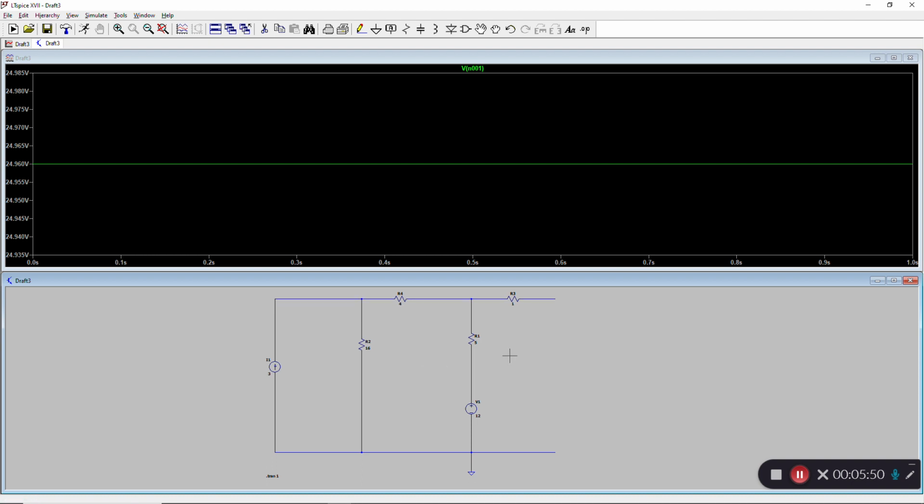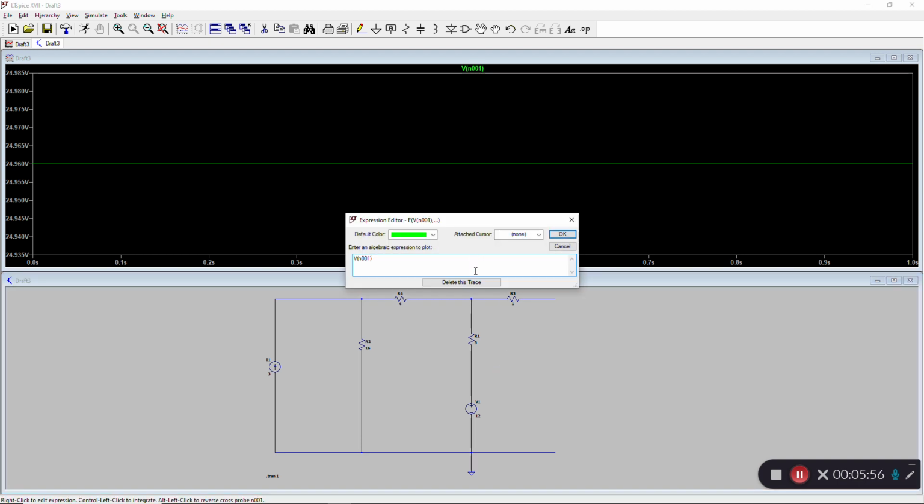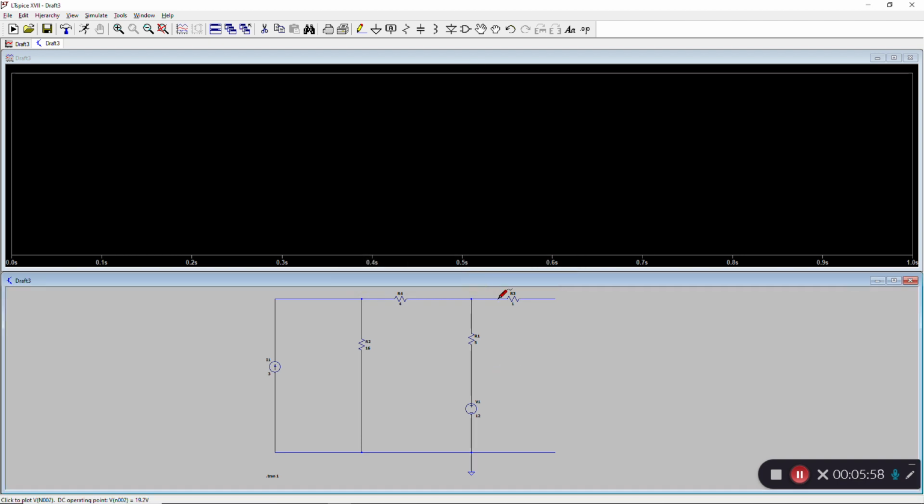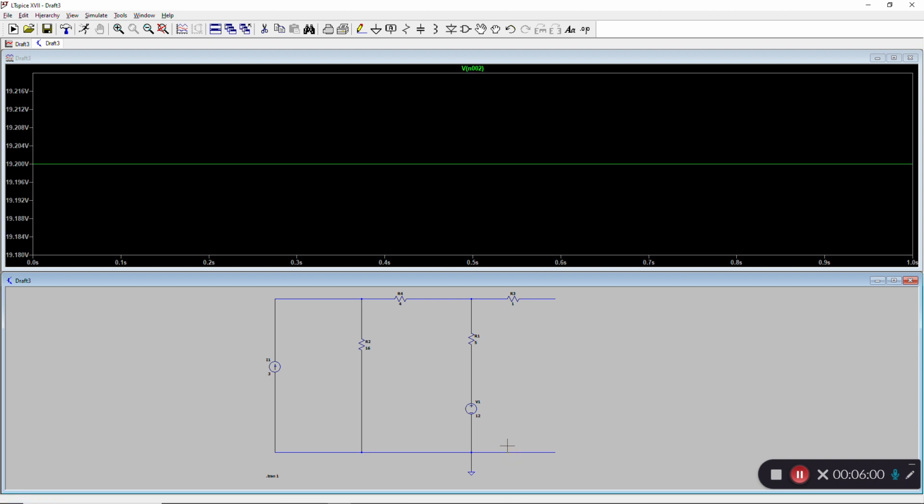Maybe people that have trouble visualizing that, what they should be looking for is the difference from here to here, which is the same as the difference from here to here, since that resistor's chilling out in limbo. The difference between the voltages from the left side of it or the right side of it is going to be the same.